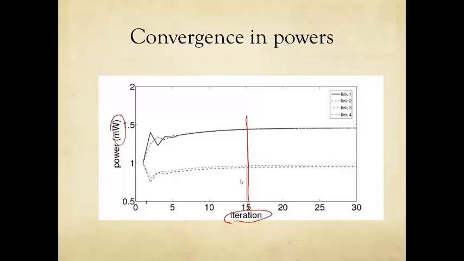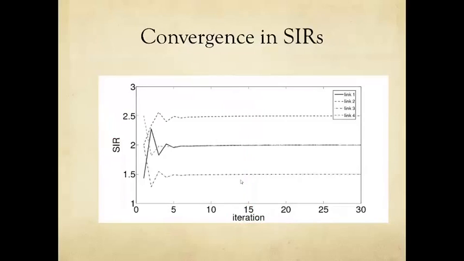We'll just say in a hand-wavy way that if the transmit powers no longer vary a whole lot from one iteration to the next, we call that convergence. And this induces, of course, a convergence in the SIR towards the target SIR over these iterations.